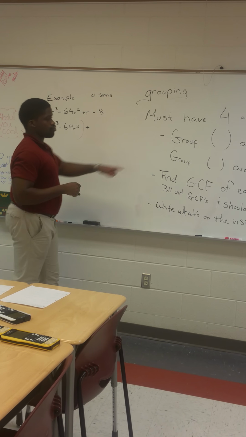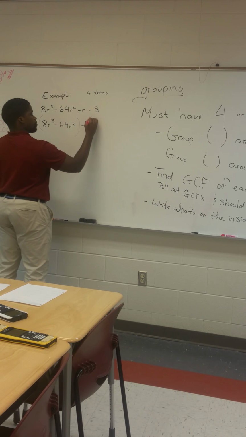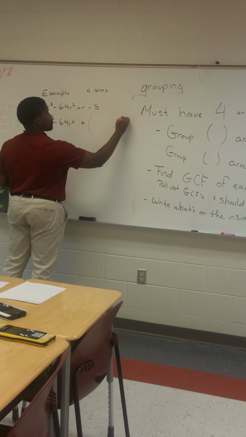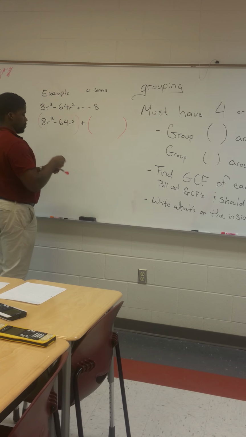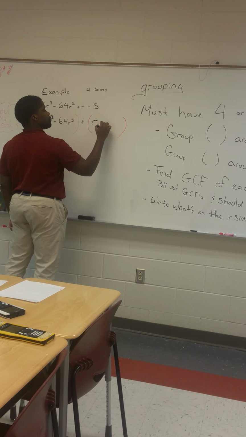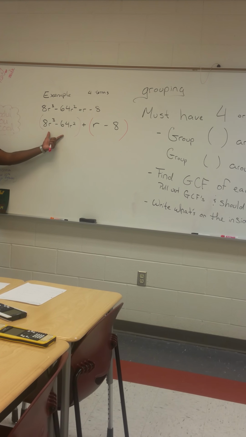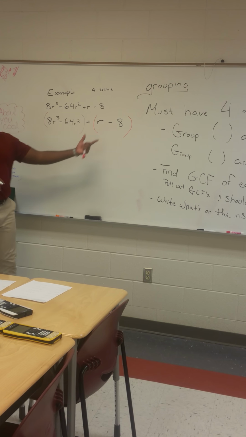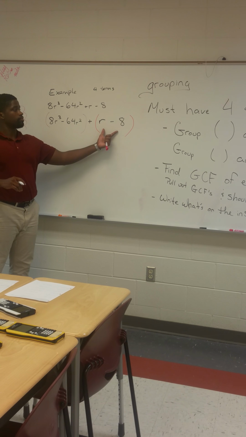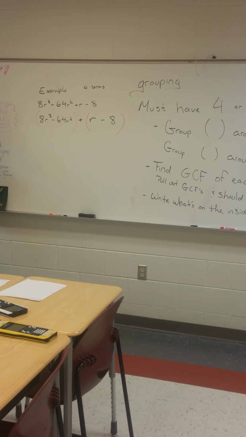And then we must group the second 2 terms. Here we can see the first 2 terms being grouped, and then the second 2 terms being grouped. So it's looking good so far.